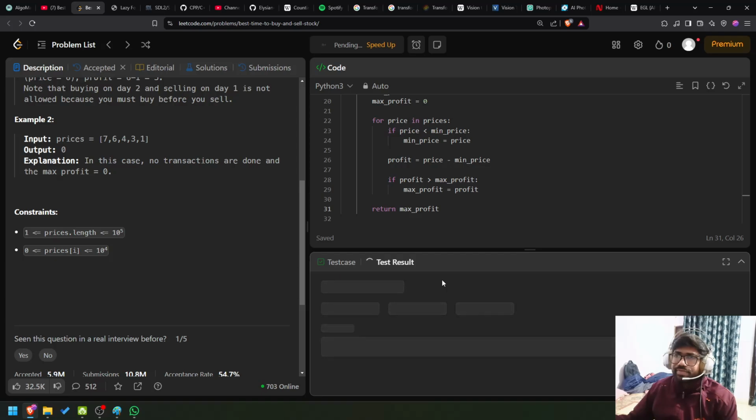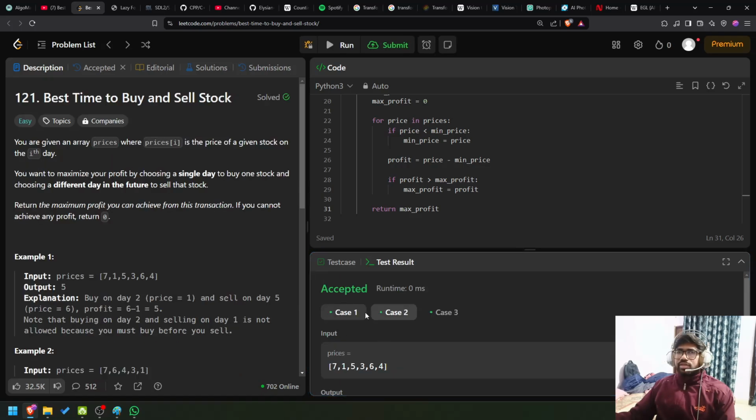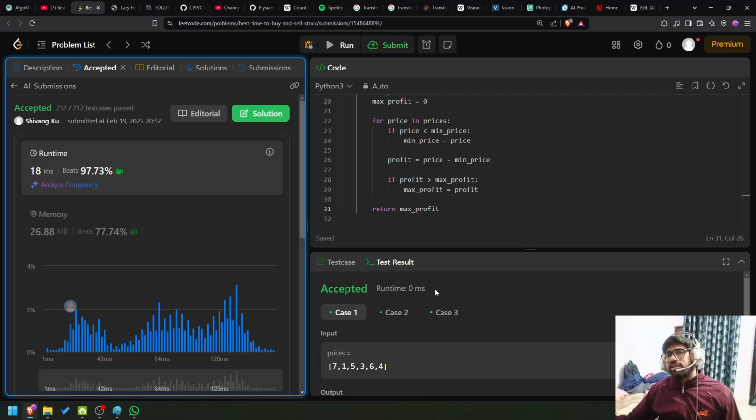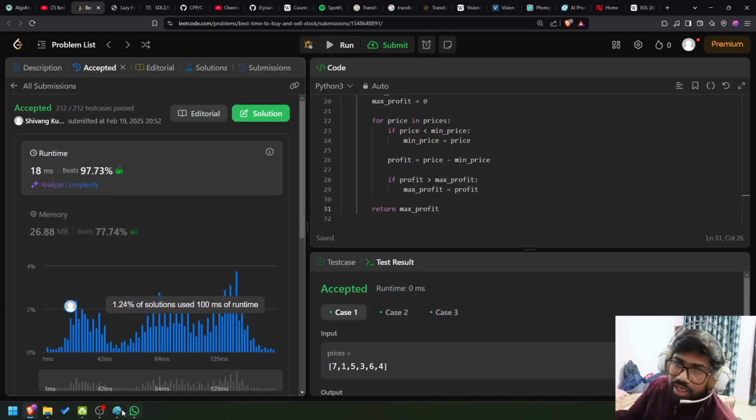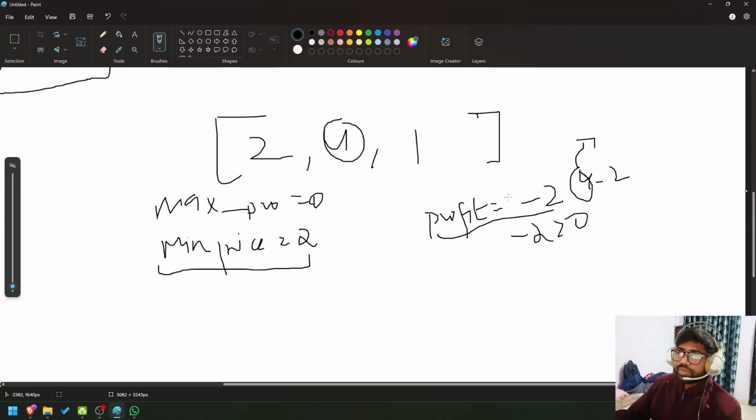Okay, this is, yeah, because it does not have to access the solutions again and again, obviously. Yeah, great. So we simply check that our profit is current price minus the min price.